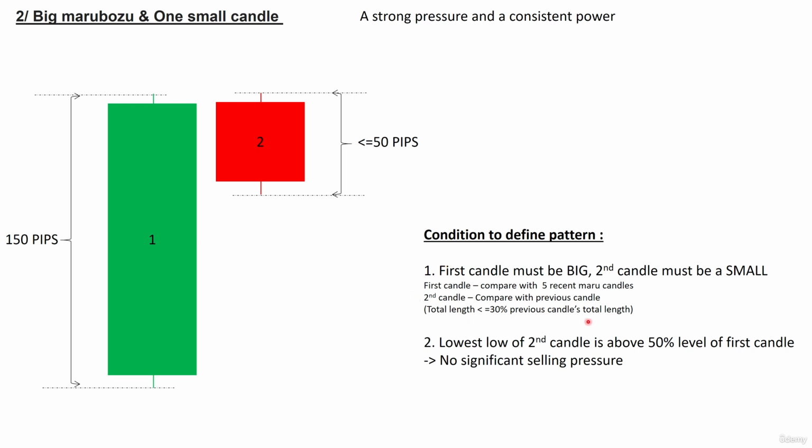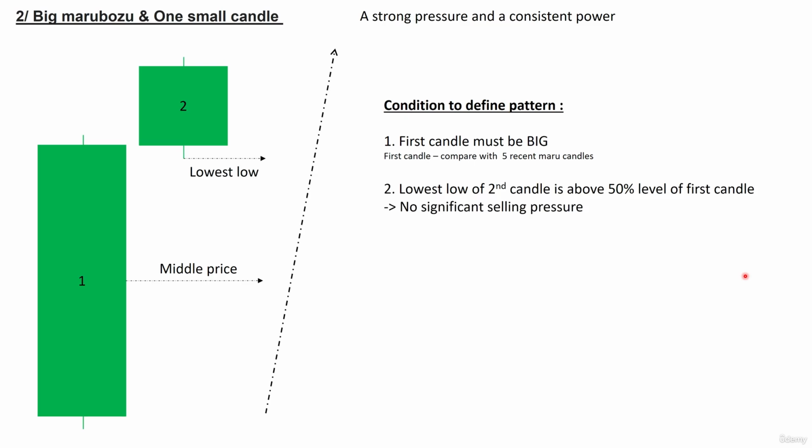And the key thing right over here is that the second candle must be a small candle. Here is the difference compared with the last case we already learned. When the second candle is a green candle, we only care that the first candle must be big, because the second candle can close higher and higher and higher. There's no problem.